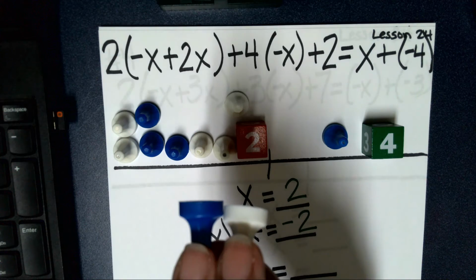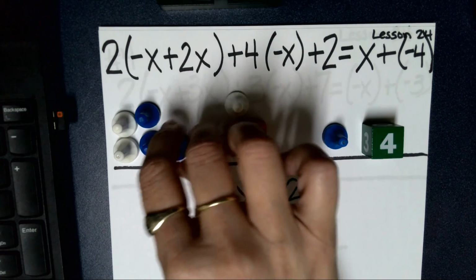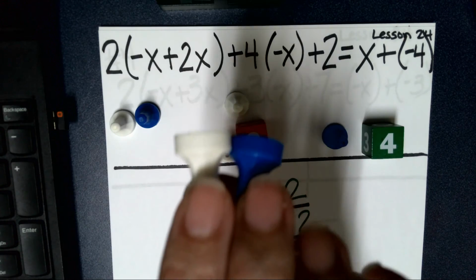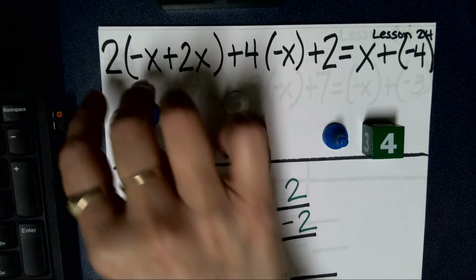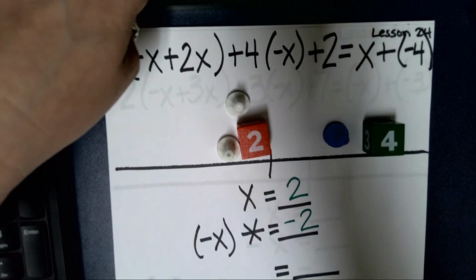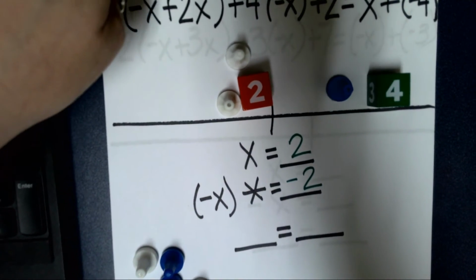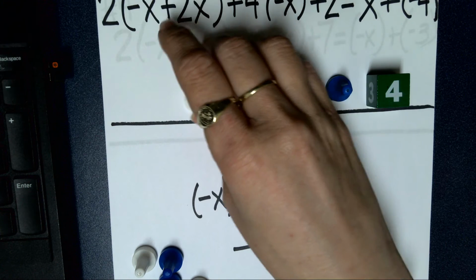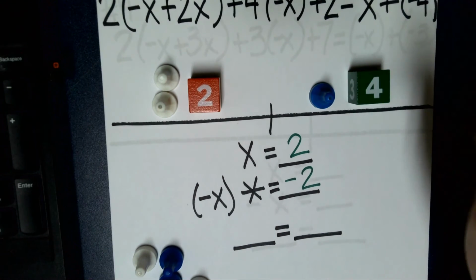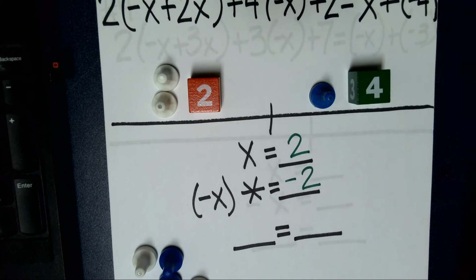There's a 0 pair, another 0 pair, another 0 pair, and a fourth 0 pair. So now we have 2 stars, a 2, 1 pawn, and the opposite of 4. So we can start plugging in what we have.